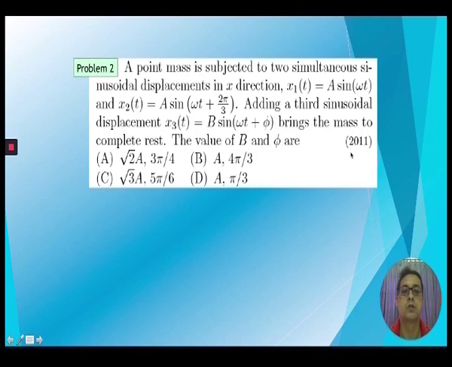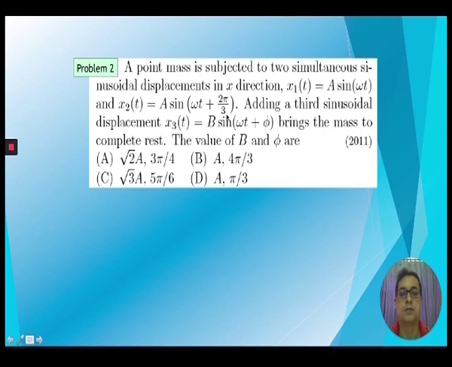Okay, this question was asked in JEE 2011. So how to go for it? Again, there are four options given, and out of these four options, only one is correct. If you understand the problem, basically two forces are applied on the point mass particle in such a way that they give displacements x1 and x2 at the same time t.